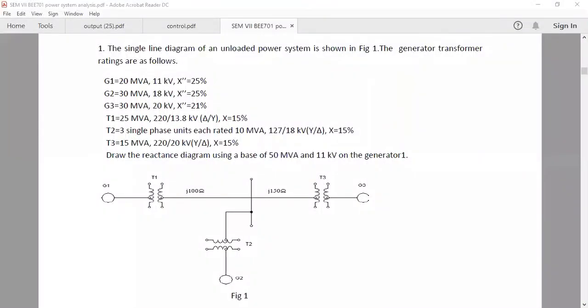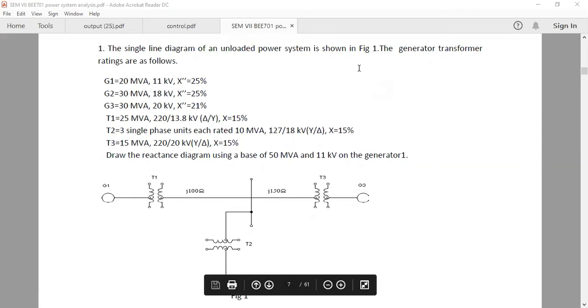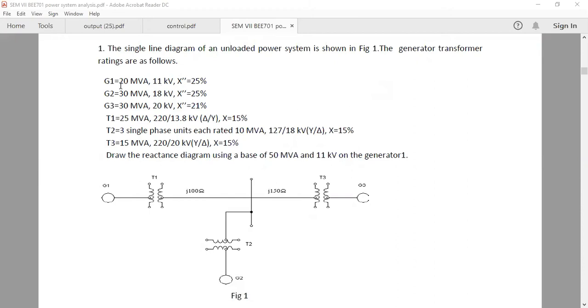Let's see one example of per unit representation of power system components. Consider a single line diagram of the system as shown in figure number 1. The system consists of 3 generators and 3 transformers. The details of the components, that is generators, transformers and transmission line, are as given.